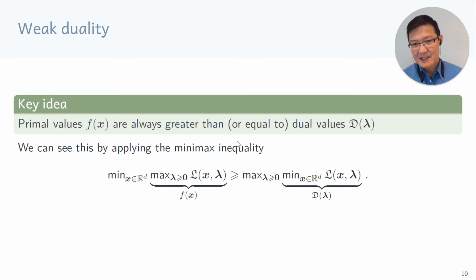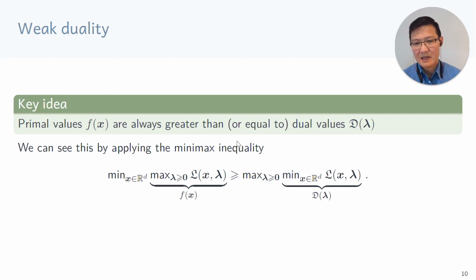By just plugging in the definitions of the Lagrangian and looking carefully at how the minimum over x and the maximum over lambdas can be swapped, we can see that on the left-hand side of the equation here, the term under the brackets is the objective function f, and on the right-hand side, the term under the bracket is the objective function d.